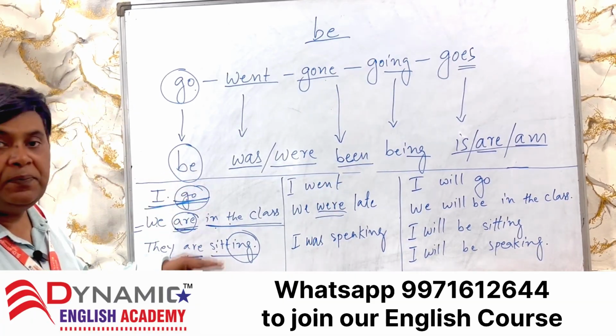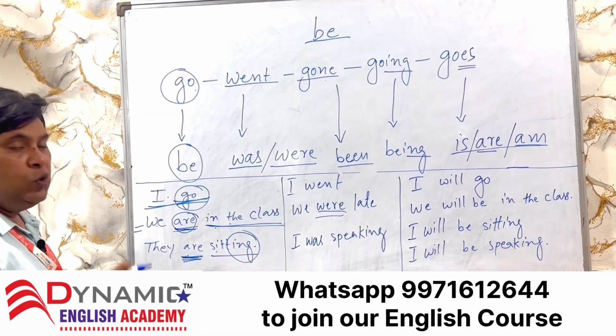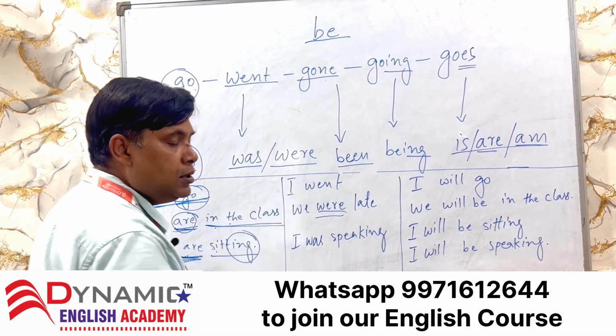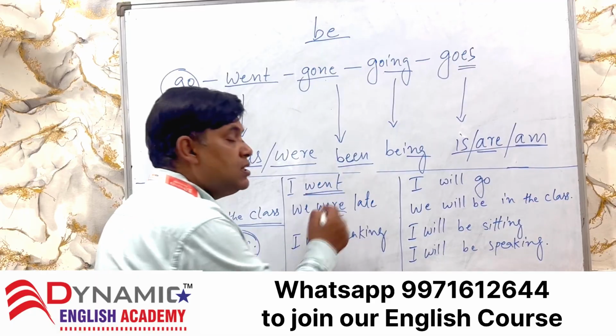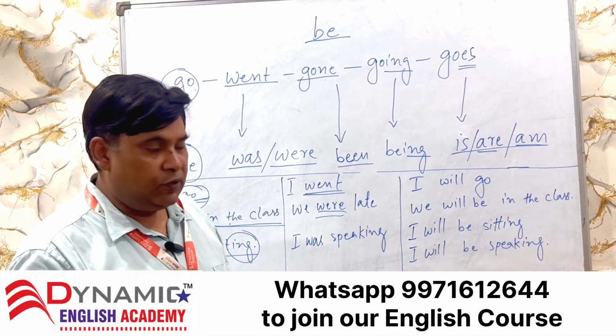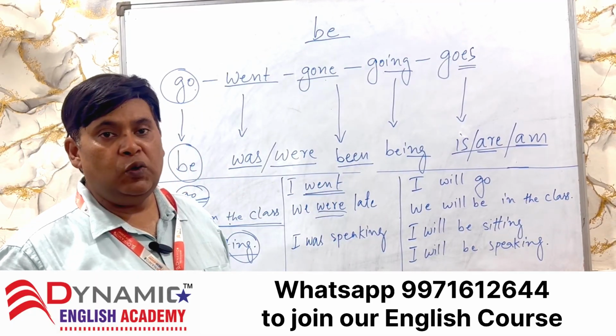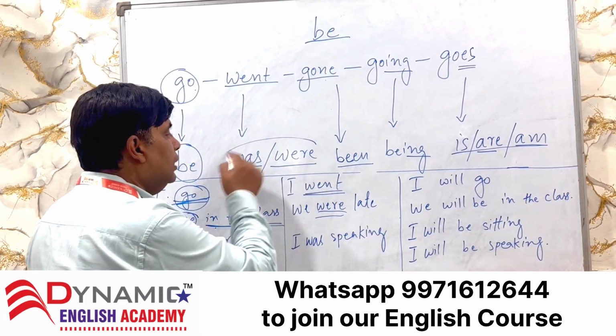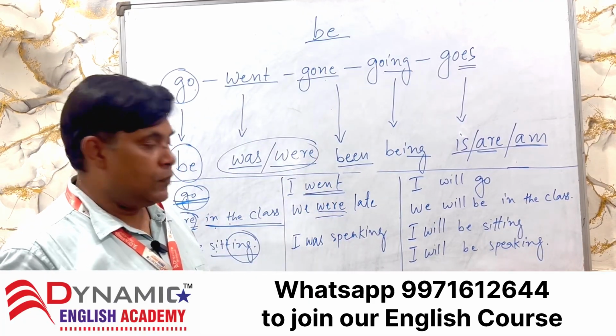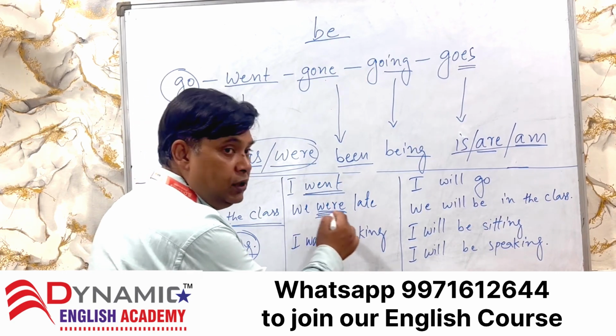And this is present. If you do the same thing in the past, you can understand that in past we use second form of the verb, which is the past form of the verb. And if you want to use form of be, this is the past form of be, which is was or were.